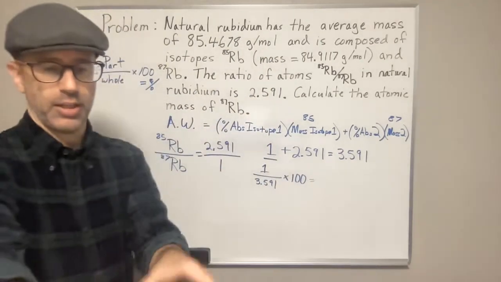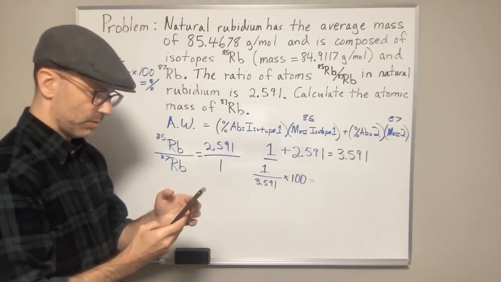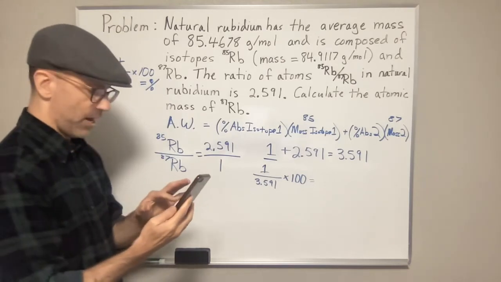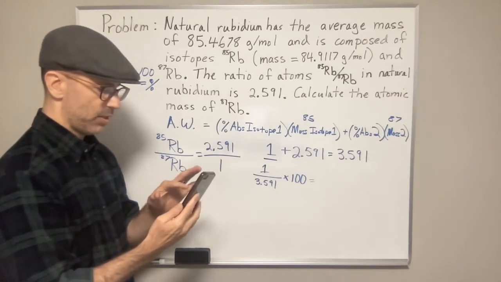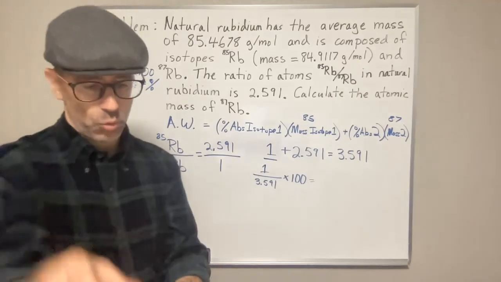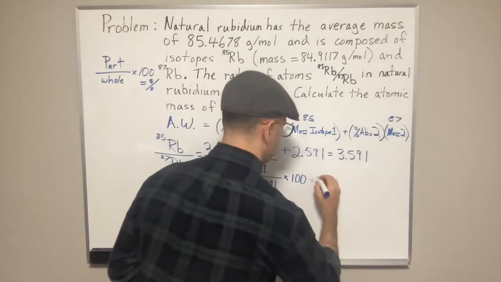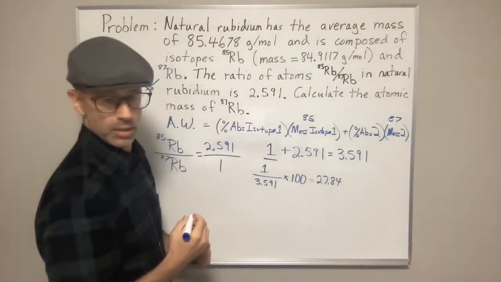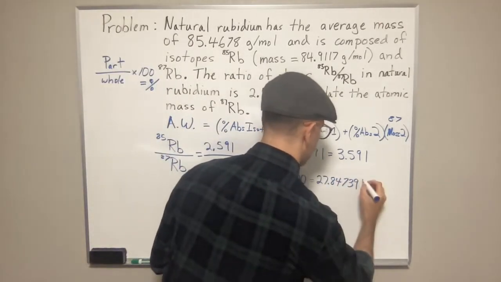So let's calculate that really quickly. 1 divided by 3.591 times 100 equals 27.847739%.